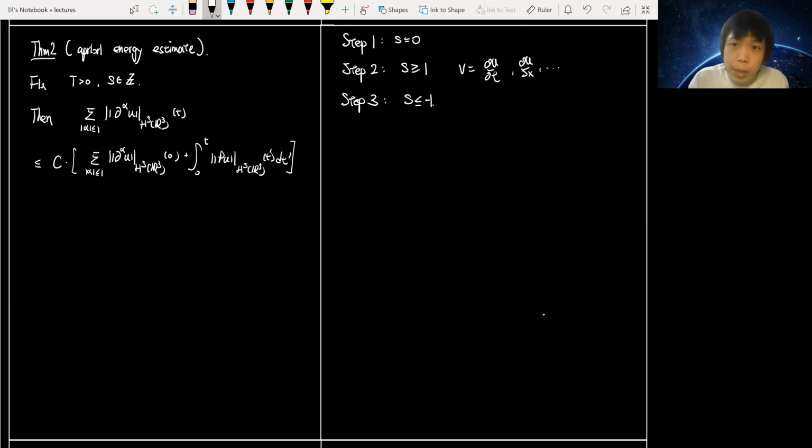And for S being a negative integer, there's a similar trick.